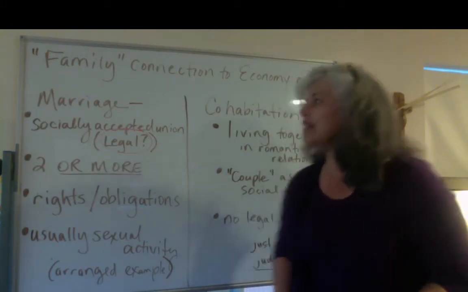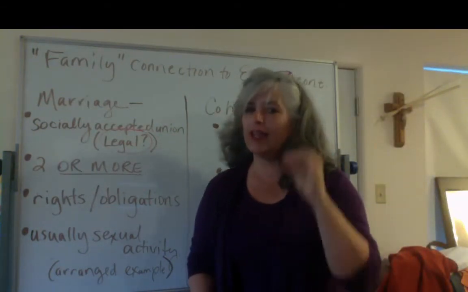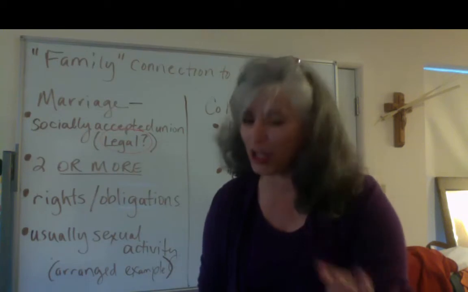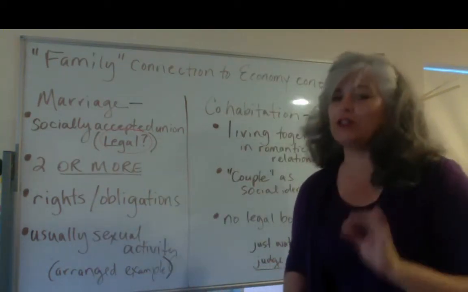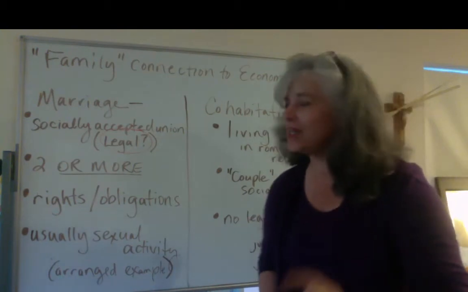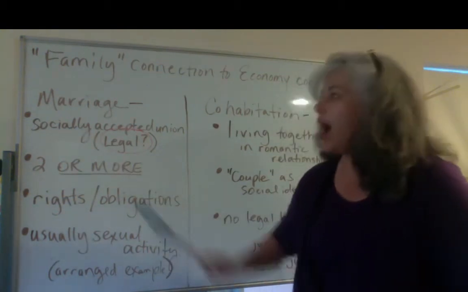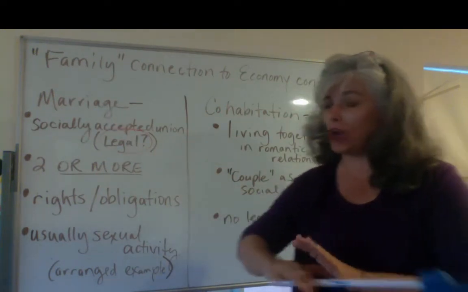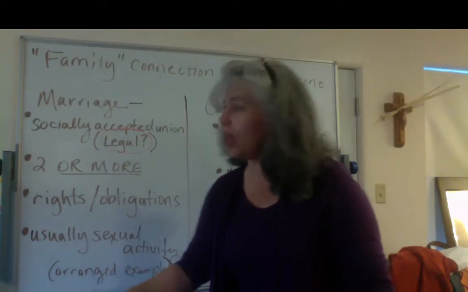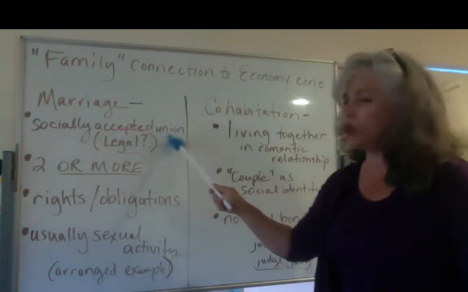So let's talk about a sociological definition of marriage. Emphasis on the word sociological, okay? So a good sociological definition of marriage must have these 4 bullet points in it. A sociological definition of marriage that applies to as many cultures around the world as possible must say that it's a socially accepted union.